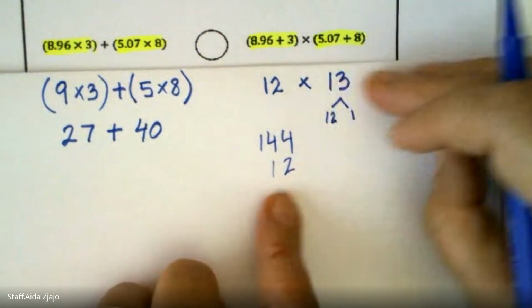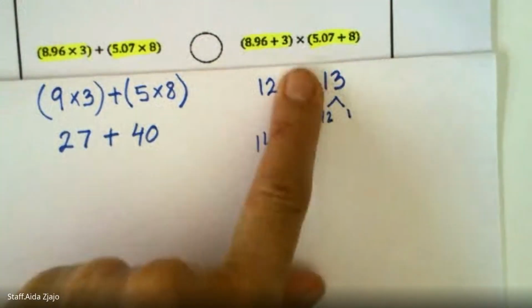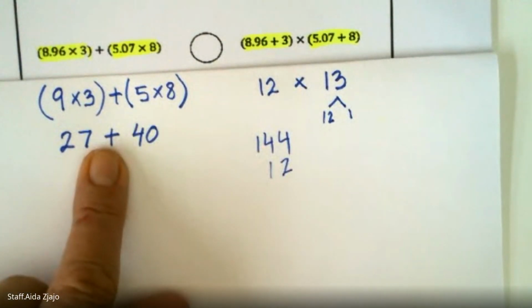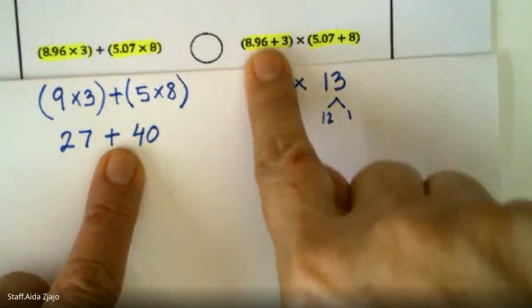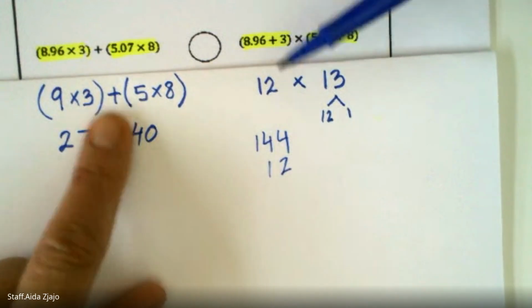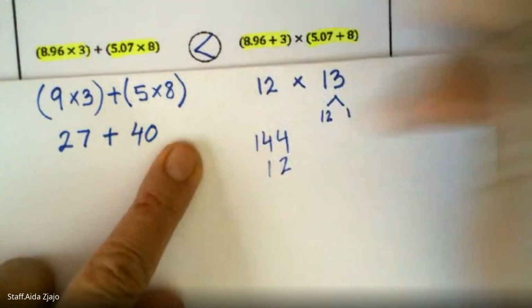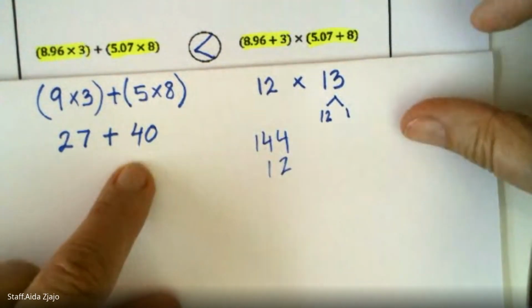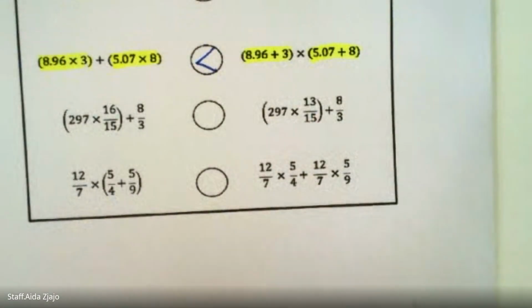So this answer should be about 156, while this one is only about 67. So rounding each of these numbers helps you to determine which side is the greater value, which product is the greater value. All right. Okay, let's go to the next one.